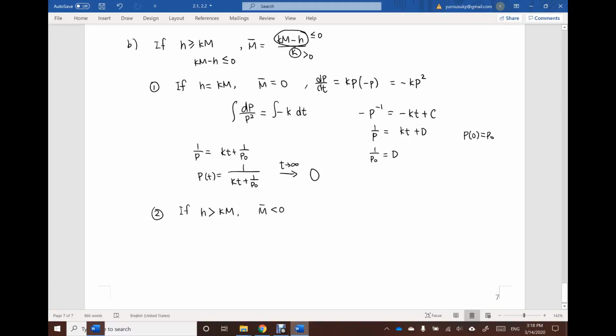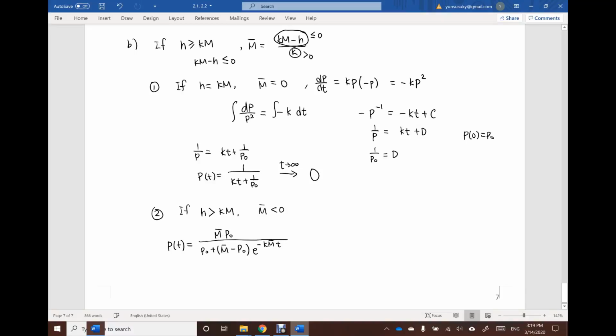So P of t is P0 m hat over (P0 plus (m hat minus P0) e to the minus k m hat t).